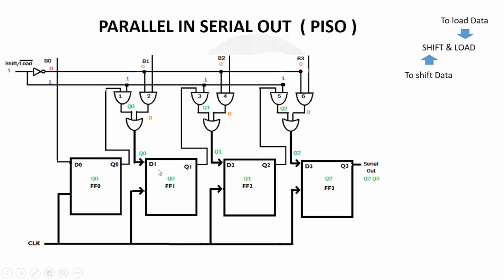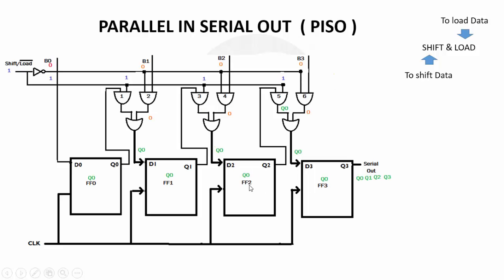You can see here that for the next clock pulse, flip-flop number 1 has Q0, flip-flop number 2 has Q1 and flip-flop number 3 has Q2. For the next clock pulse, flip-flop number 2 will have Q0 and flip-flop number 3 will have Q1.